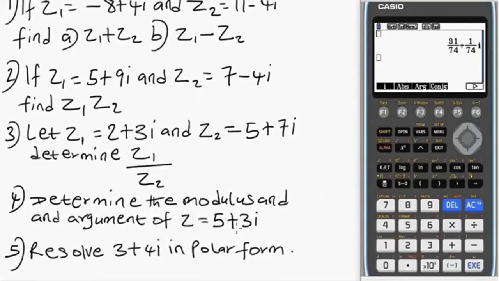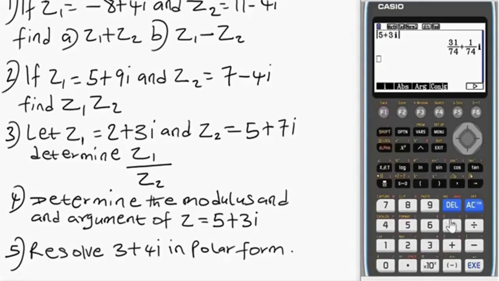Let's begin with the modulus. For modulus, look at the function I'm going to use, this absolute function written ABS. That's for modulus. For this calculator, we press it, modulus of what? This complex number. We have it to be 5 plus 3i.